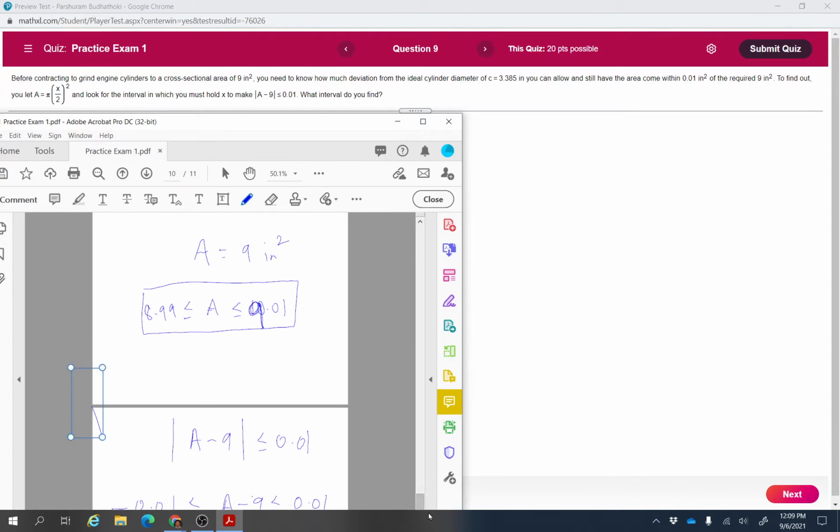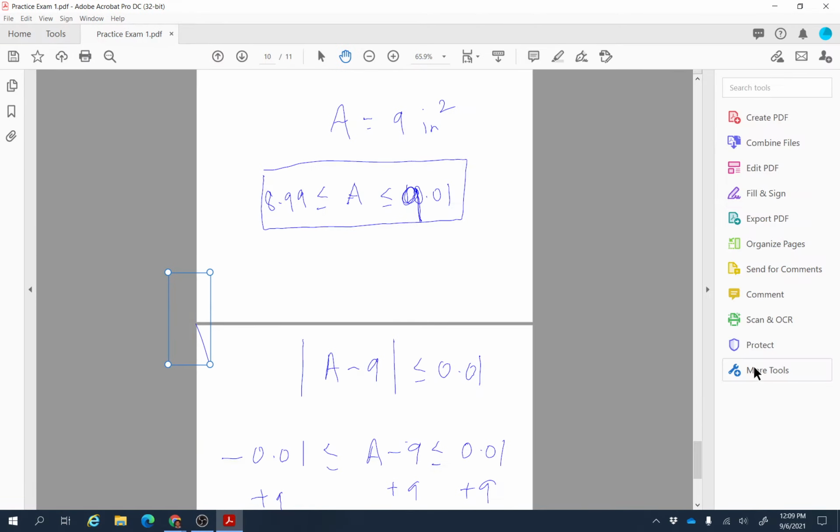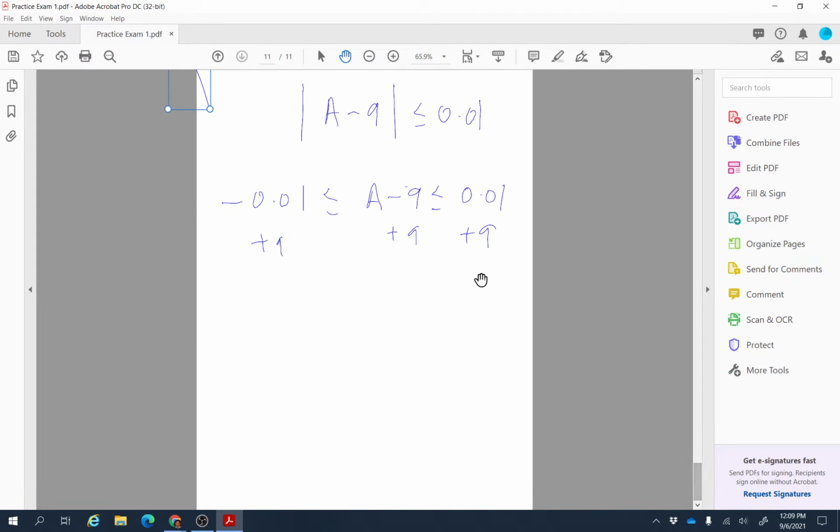So let's go down here, and by doing that, on the left side I'm going to get 8.99, and on the right 9.01. The area should be in between these. For this, what should be the range of x? That is what we would like to find out.